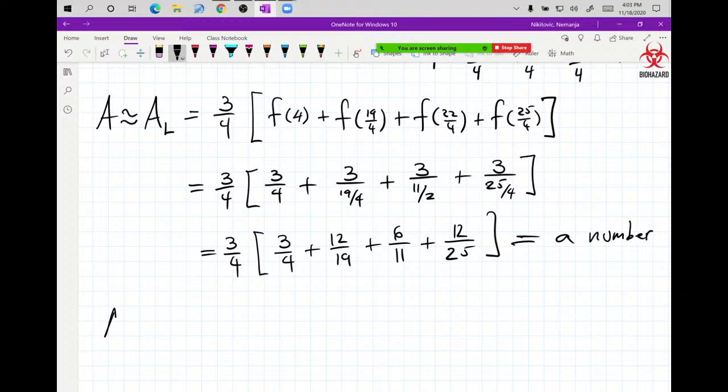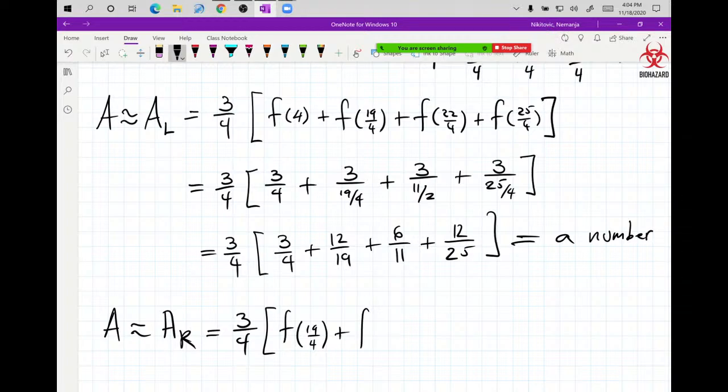Now you can use the same one for area from the right, which would be 3/4. And now you're not using 4, you are using all others. And then we're going to use a 7, right? So we are including the point on the other side. There we go.